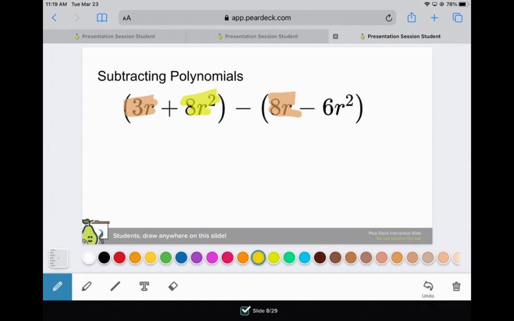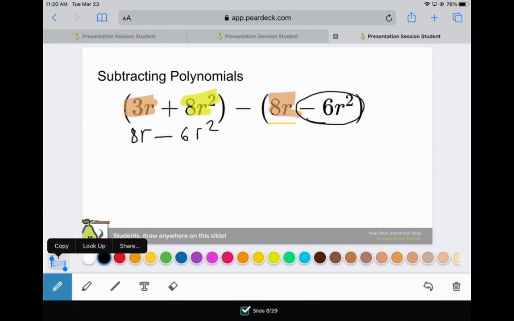So what I can do is I line this up, the 8r below the 3r, and the negative 6r squared right below it. This is the subtraction problem, so I put minus. Can someone tell me what my final answer should be?